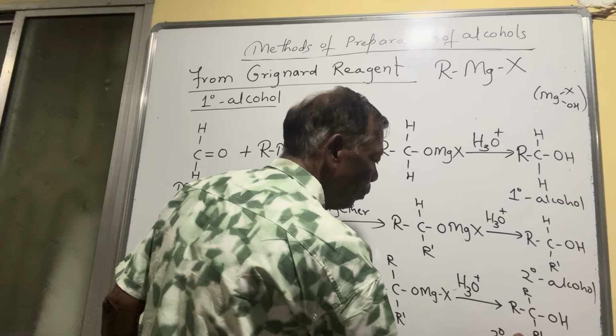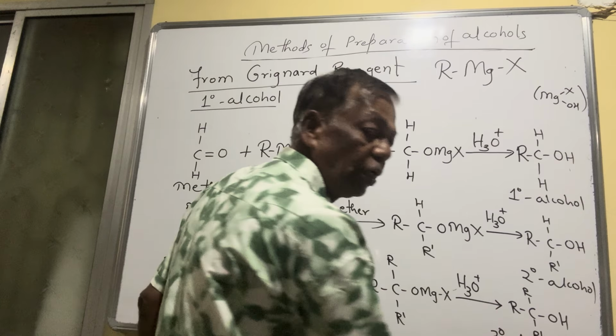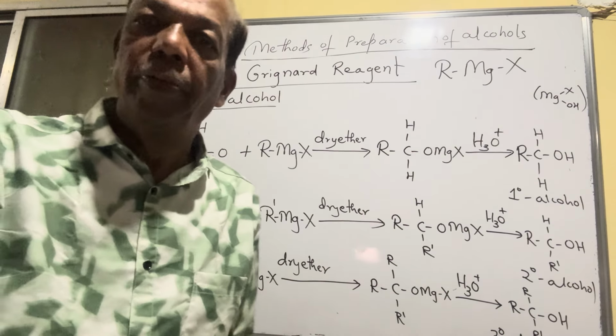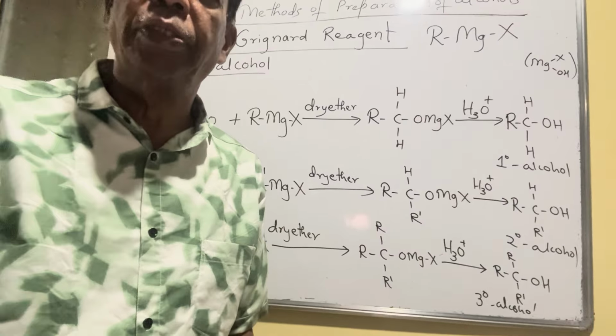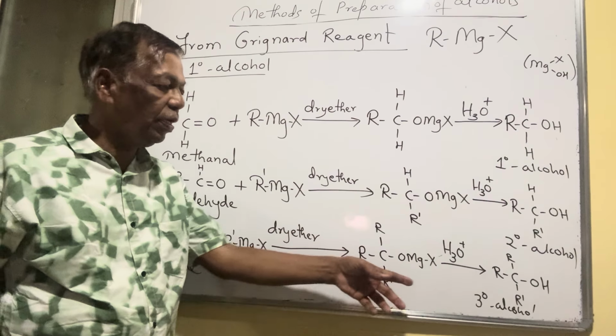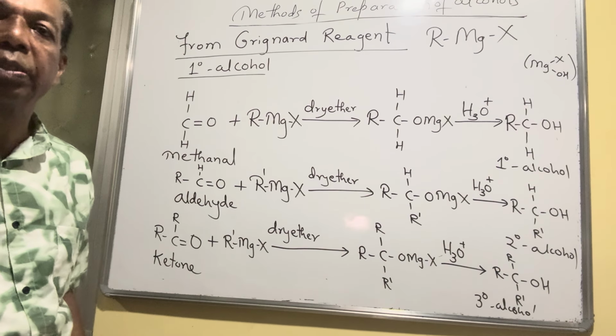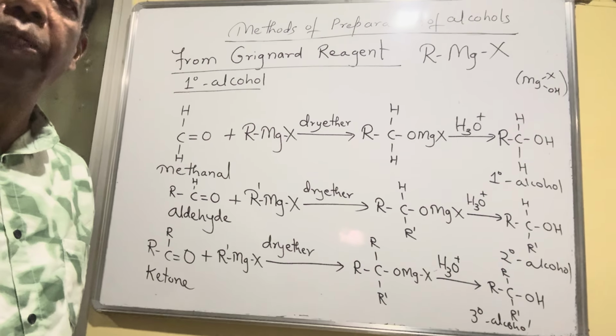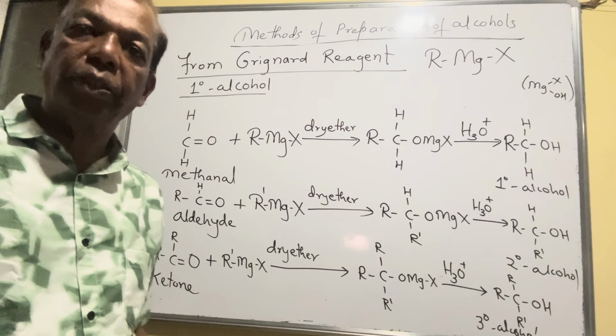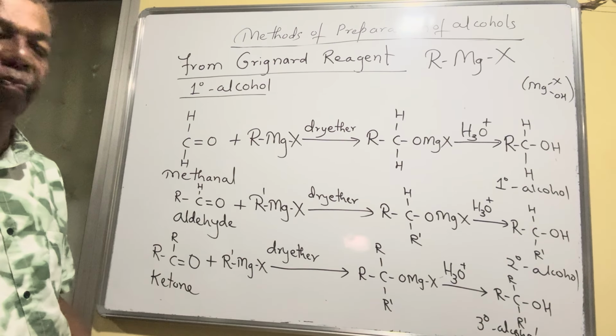Tertiary. So the thing here is, remember the reaction by saying that you can get primary, secondary and tertiary alcohol. All three classes of alcohol can be obtained by this method.